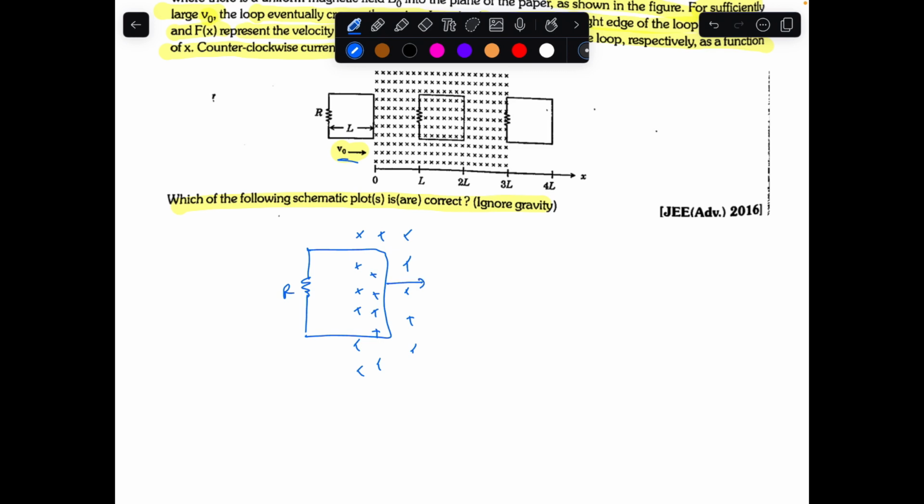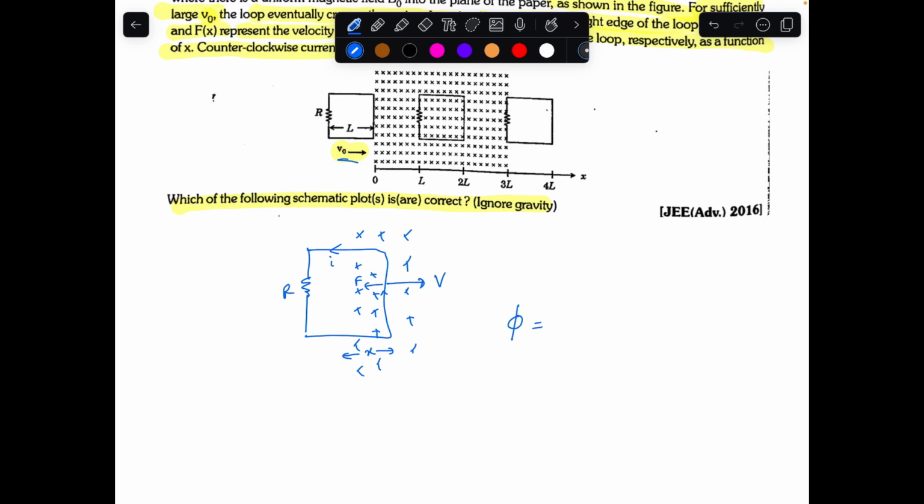Because of change in flux, there will be induced current, and the induced current will be in the counterclockwise direction, which is taken as positive. Now what will happen? Because of the induced current, there will be a force in the opposite direction. So velocity will decrease. So I can say at any time the velocity is v when it has entered a distance x inside the field.